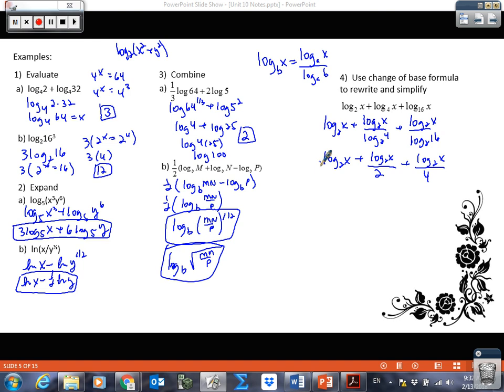Right? I have 1 plus a half plus a fourth of log base 2 of x. So basically I have 1 plus 1 half plus 1 fourth. I'm going to add all those together, and of course I can't do that in my head, so I'm going to be finding a common denominator, which will be 4, right? So 4 over 4 plus 2 over 4 plus 1 over 4. So what, 7 over 4? So I'm left with 7 log base 2 of x over 4.